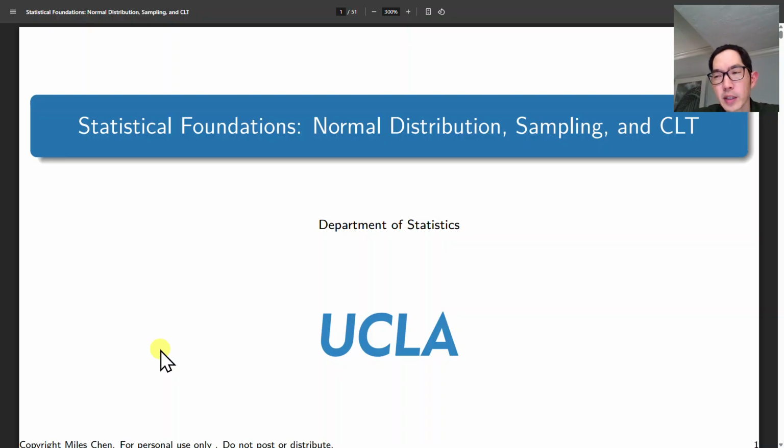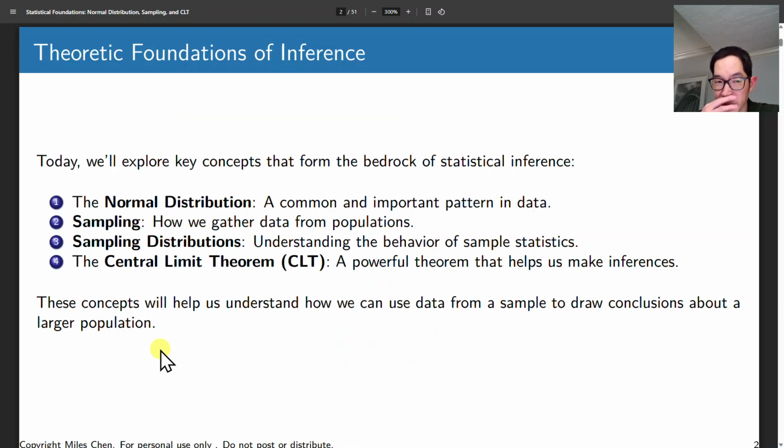a couple topics like the normal distribution and the sampling process, and then eventually we'll get to the central limit theorem. So, the normal distribution is a probability distribution, and that will serve as the starting point, because when we make it to the central limit theorem, we tie everything back to the normal distribution.